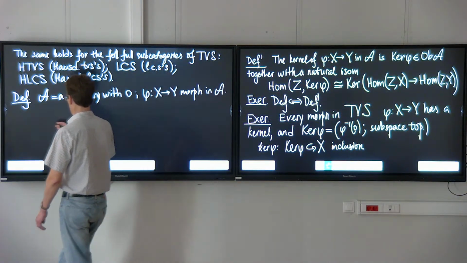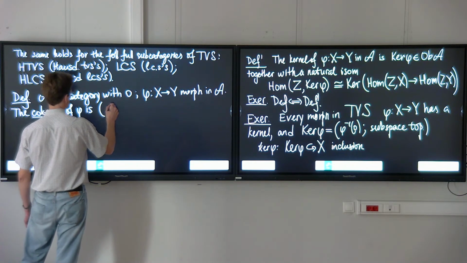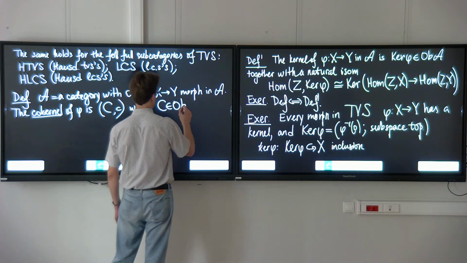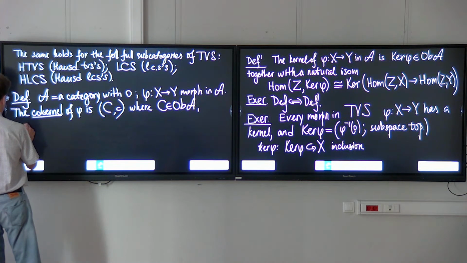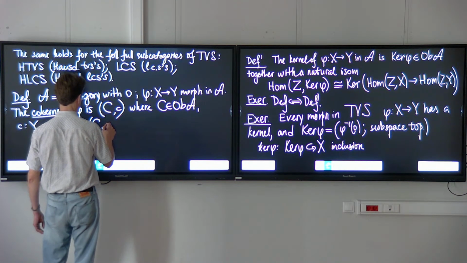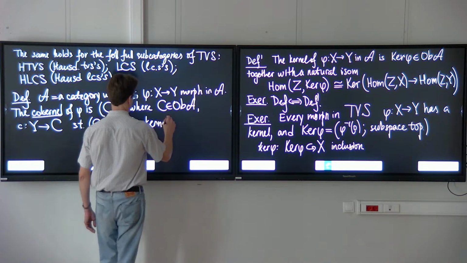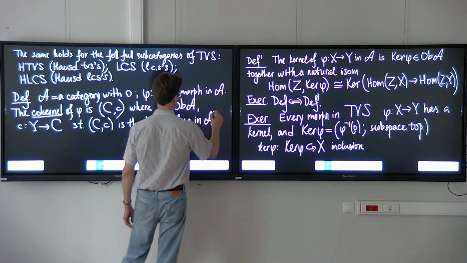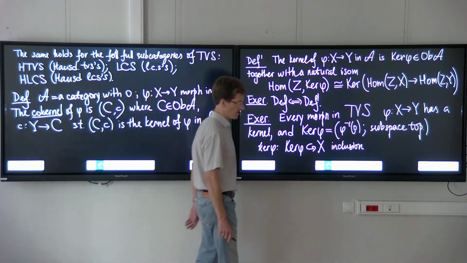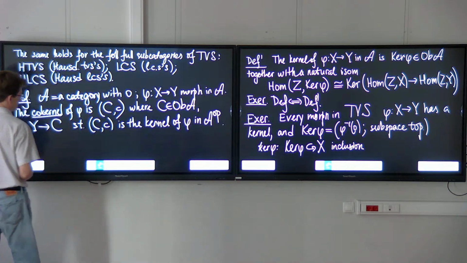Then the co-kernel of phi is a pair, big C and little c, where big C is an object of our category, and little c is a morphism from Y to big C, such that this pair is the kernel of phi in the opposite category. The opposite category of A has the same objects, and morphisms from X to Y in the opposite category are by definition the morphisms from Y to X in the category A. So we just formally reverse all the arrows, and we get the definition of a co-kernel.